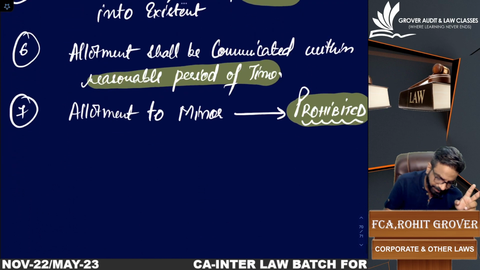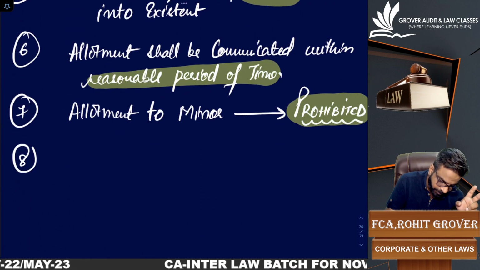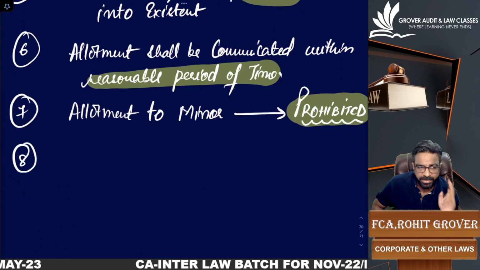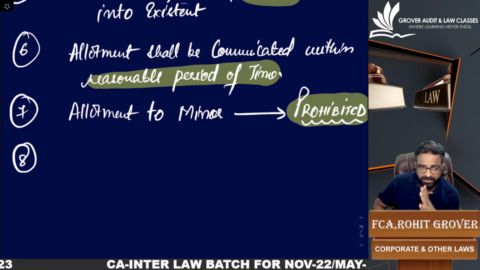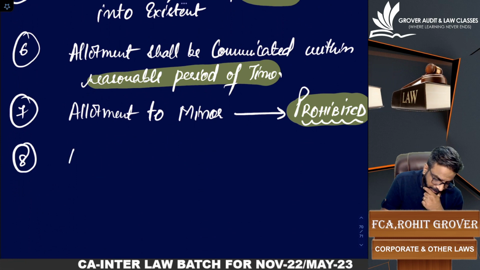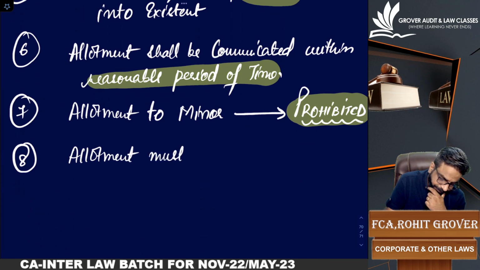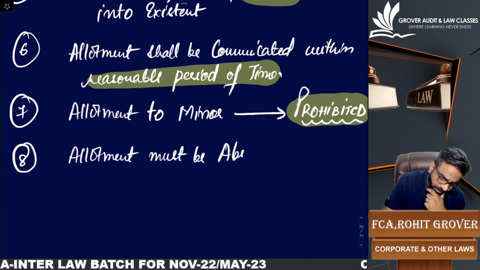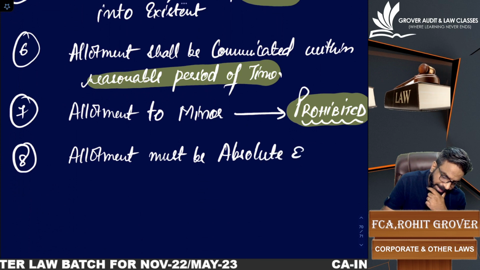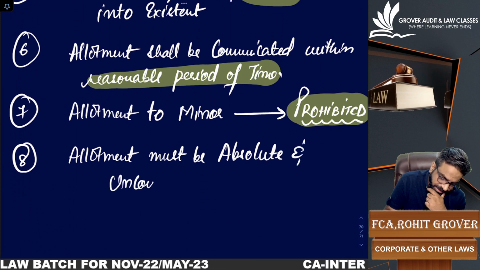Yes. Point number 8. Listen to this point very, very carefully. Allotment must be absolute and unconditional.